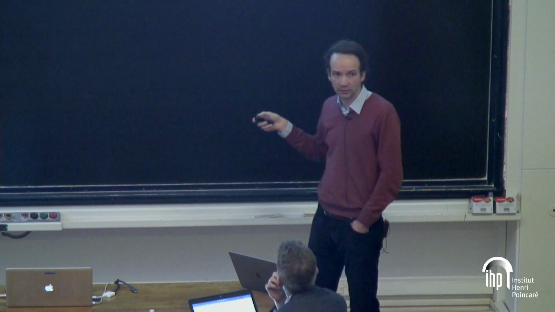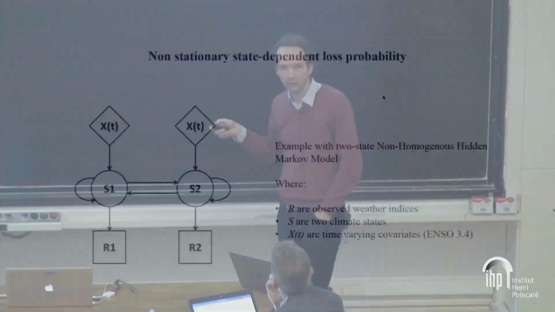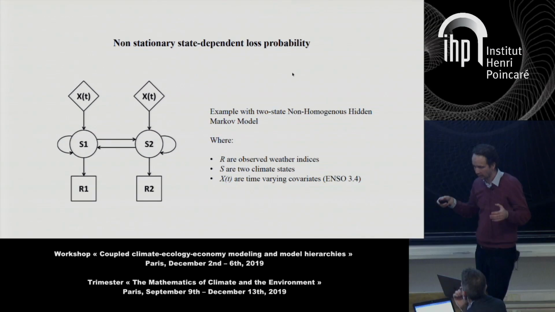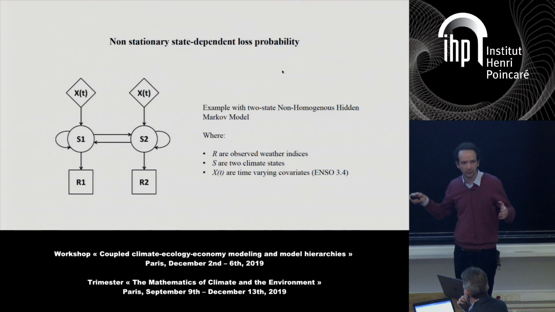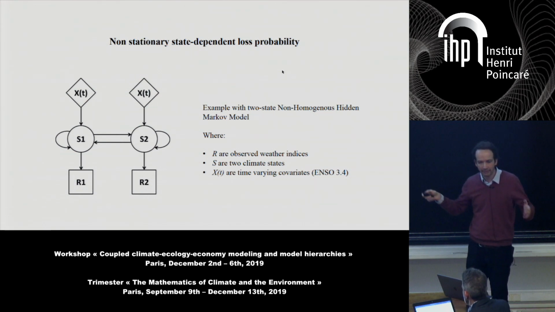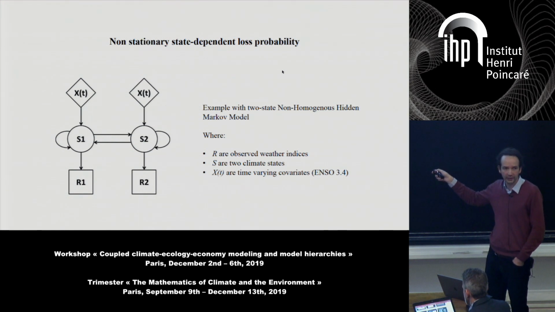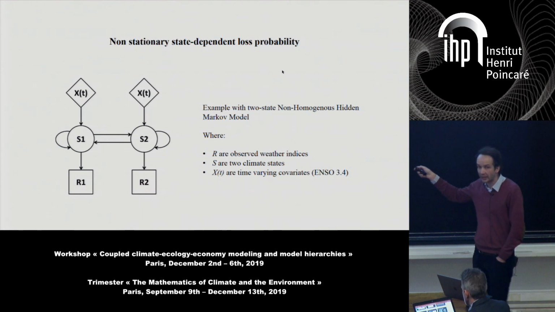This is done using a hidden Markov model framework that is made non-homogeneous. You can think of these latent variables as weather regimes or weather patterns over a given region, for instance a cold and wet winter, or a cold and dry winter.